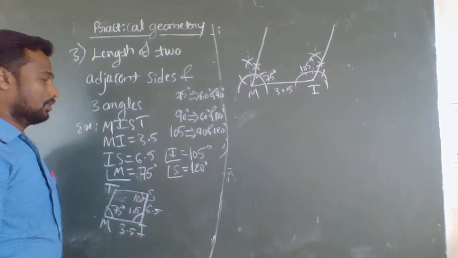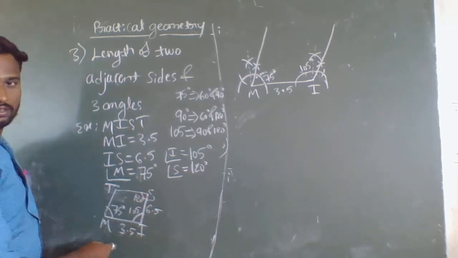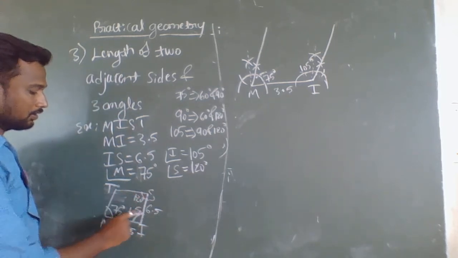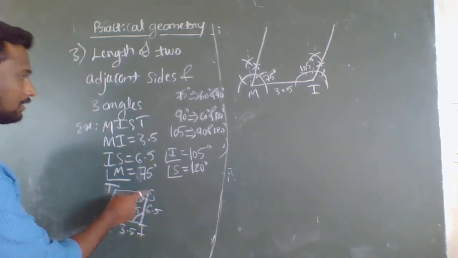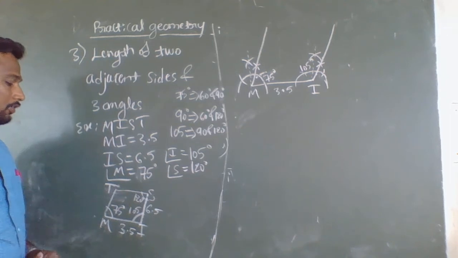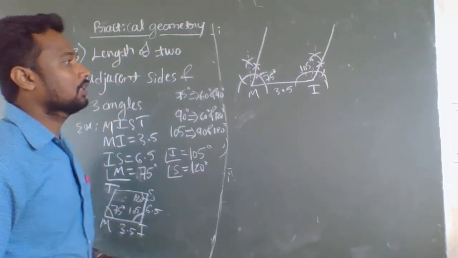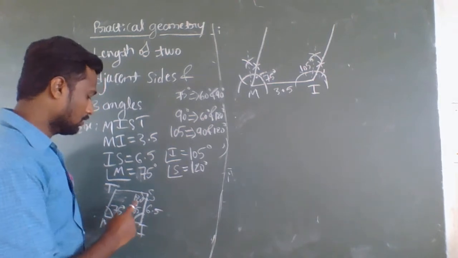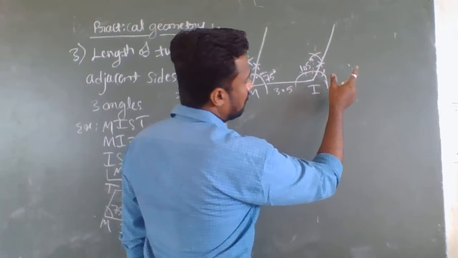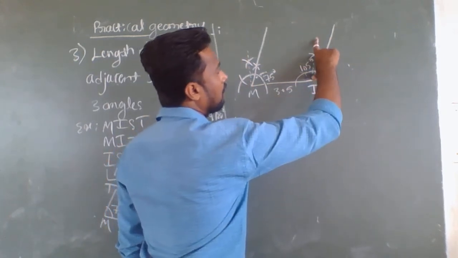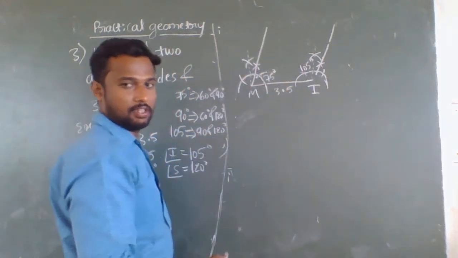So now this I and S, the length of IS is given, which is 6.5 centimeters. Then take the length of the compass, which is 6.5 centimeters, and keep the needle on point I and draw an arc with 6.5 centimeters.